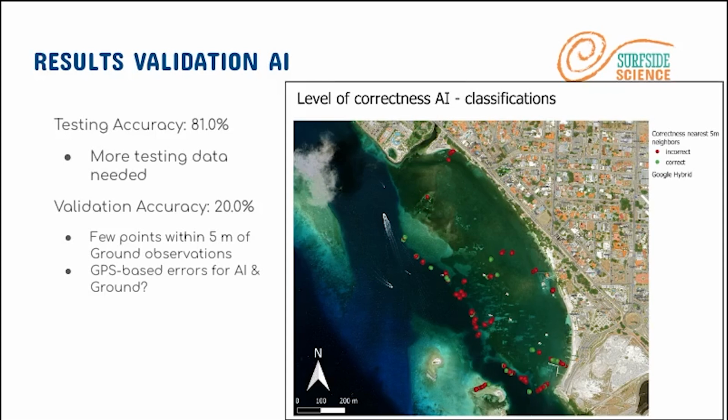And the validation accuracy stood at around 20%. We evaluated the performance using the ground observations, but we limited the data points to within 5 meters because of the GPS challenge.